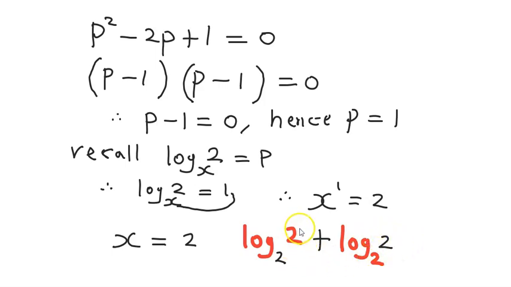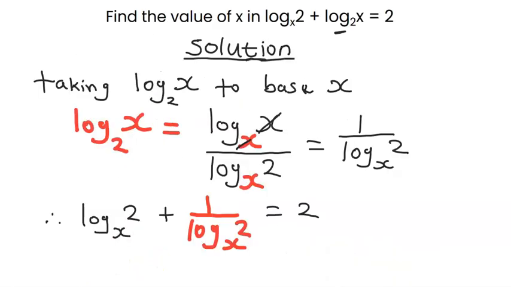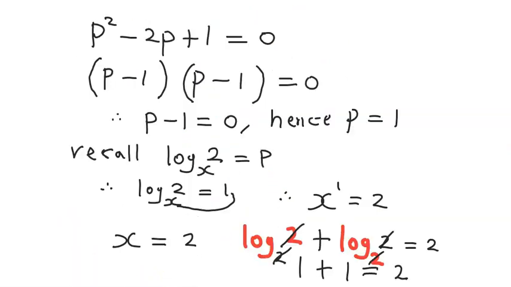Now when the log and the base are the same, it cancels out to become 1. This is 1, and this is 1. And 1 plus 1 equals 2. Remember, the question was equal to 2, right? Good. So this is it. Therefore, 2 is the correct solution to what we have done.